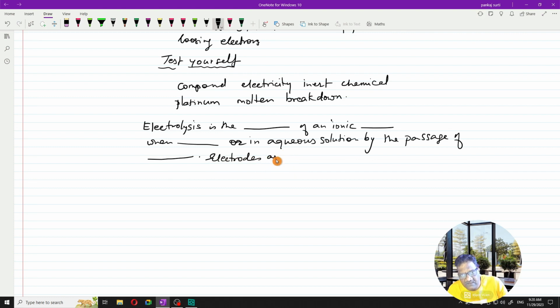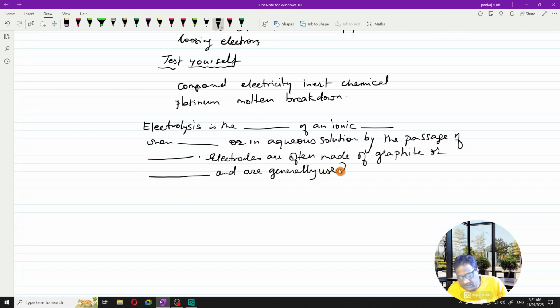are often made of graphite or dash, and are generally used in electrolysis because they are dash.